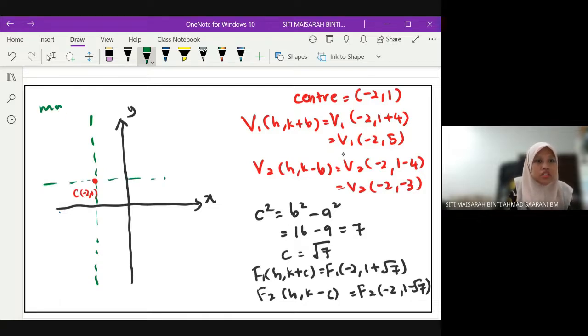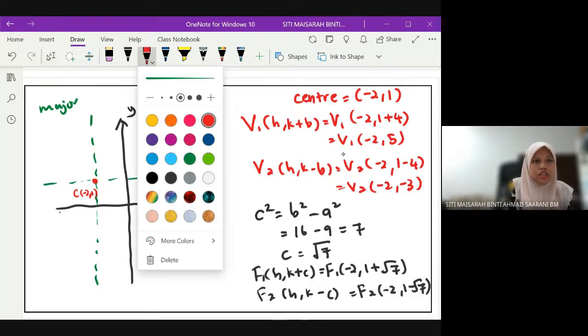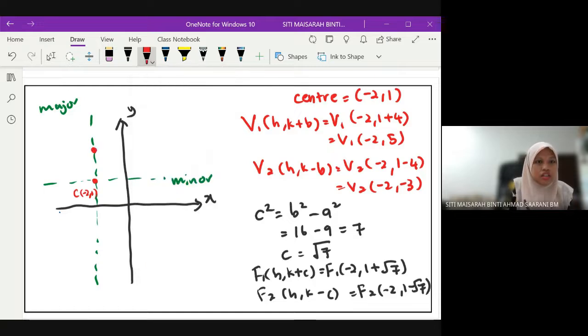Major. Sini minor. Lepas tu tanda, okay, length of minor axis dia A dia adalah 3. So sini jarak dia 2. So dia lebih pada ni ya. So, jadi lukis dia bagi lebih orang.